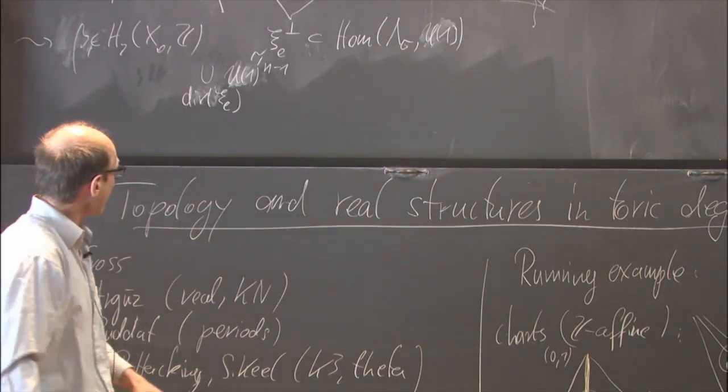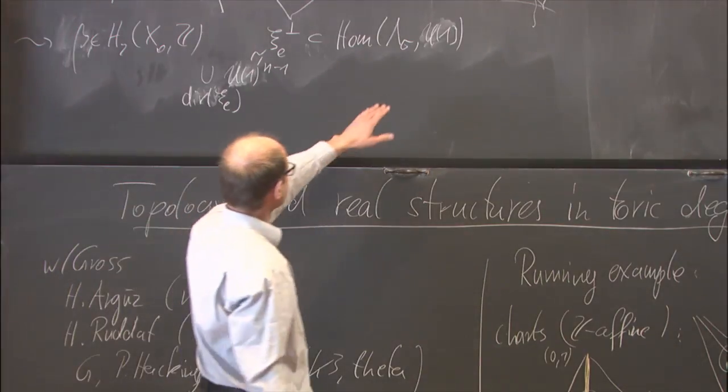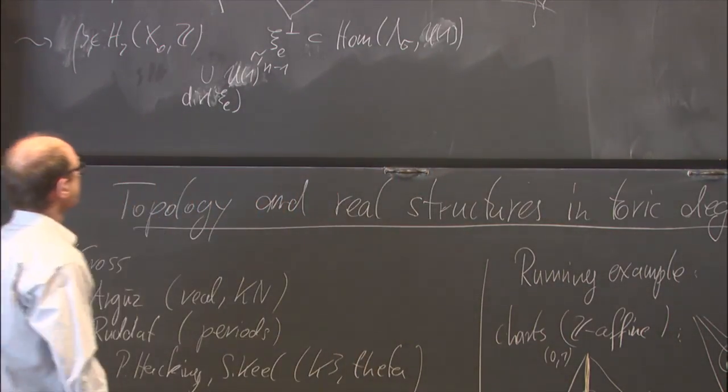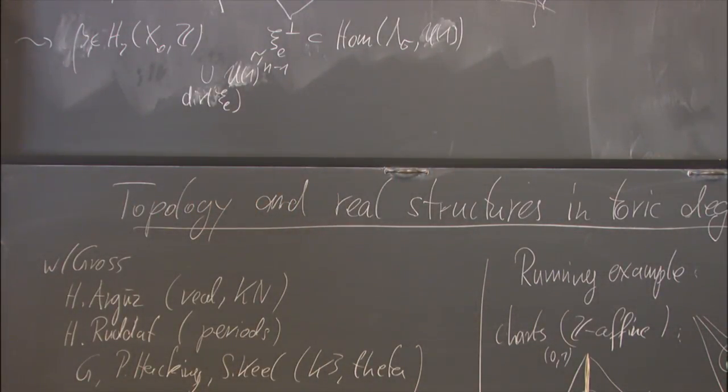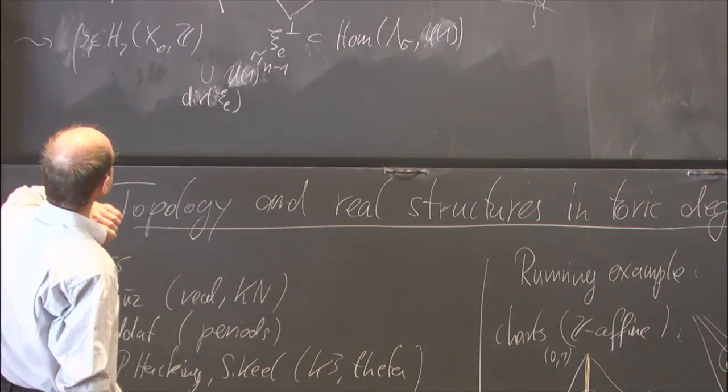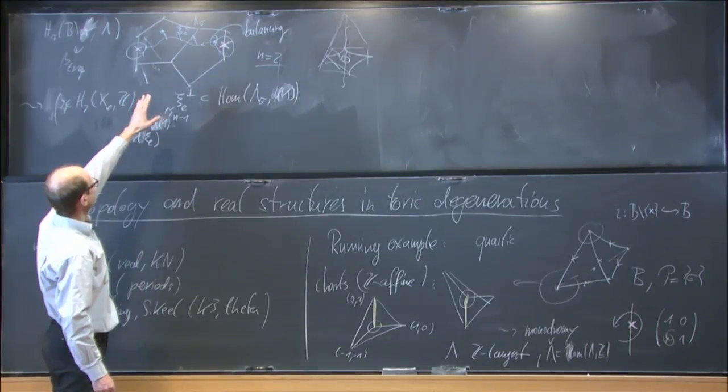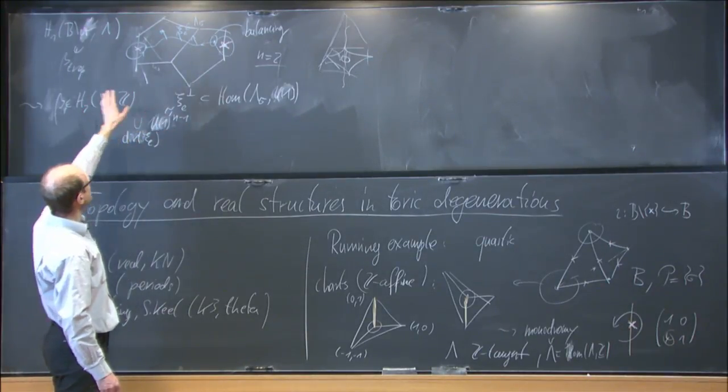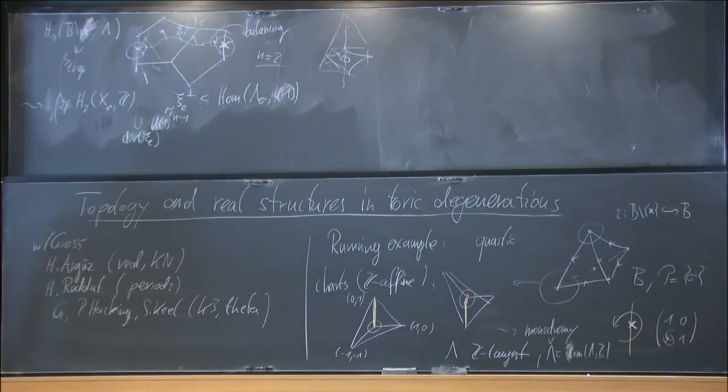Then you act by this subtorus, U1 to the n, on your toric variety, and take a lift, essentially the orbit of a section of your momentum map over your sigma, to get an S1 to the n minus 1 bundle over the edges.